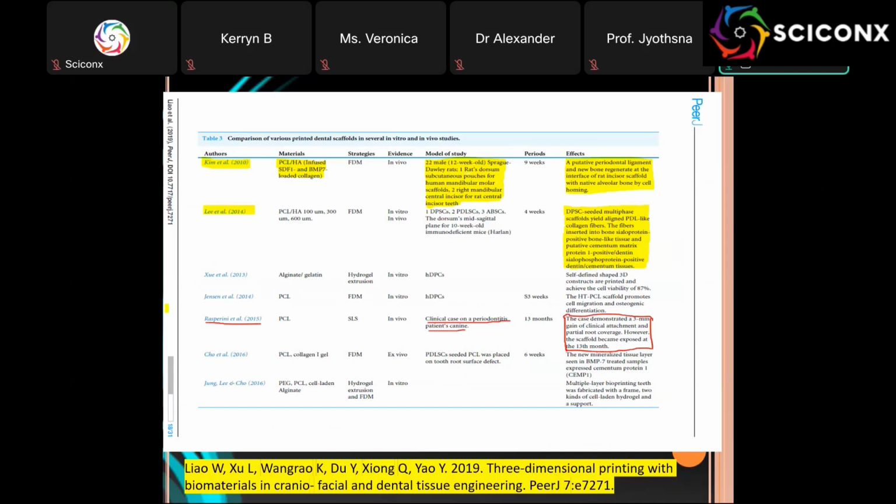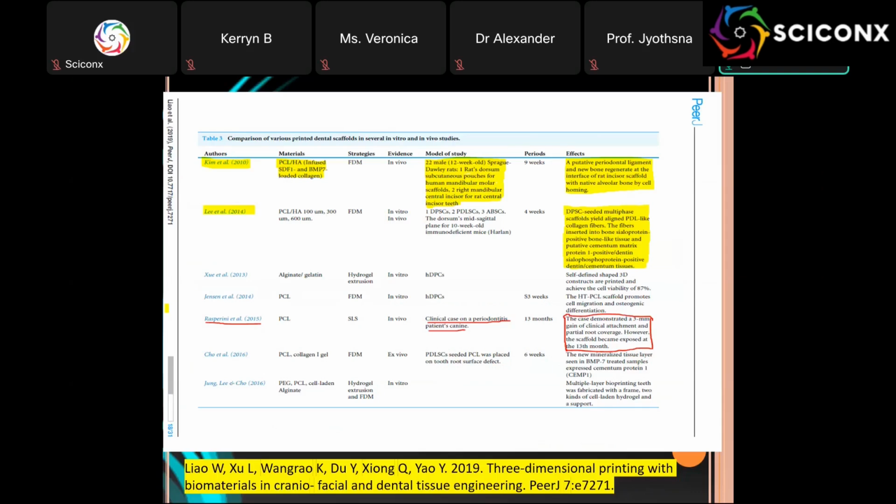However, in 2015, the study was done clinically. The study was done on a patient who already had chronic periodontitis, with a moderate to deep pocket as well as clinical attachment loss.